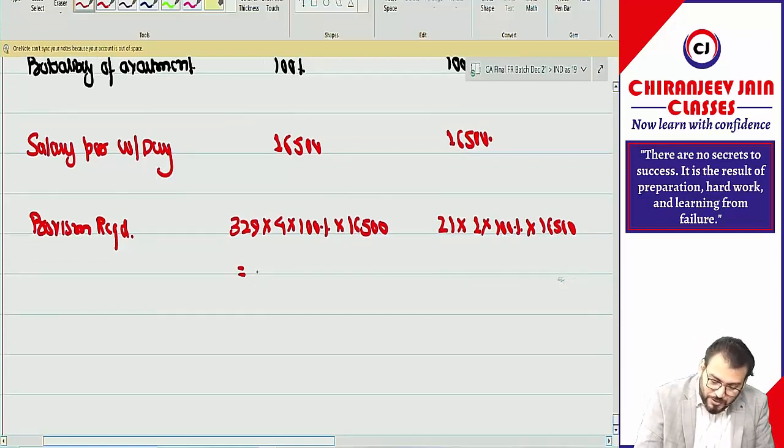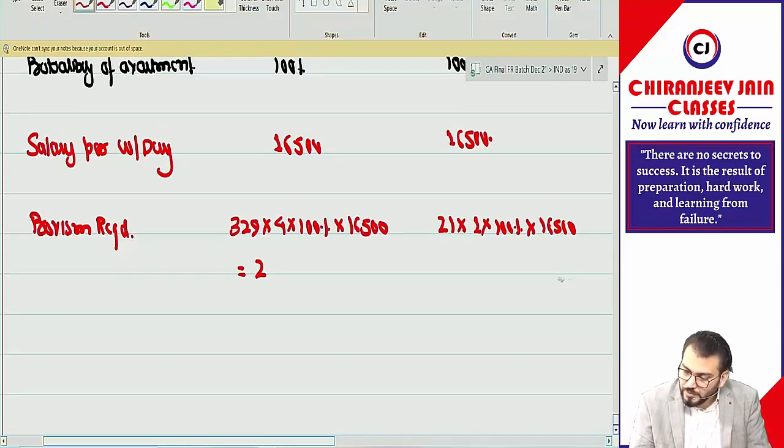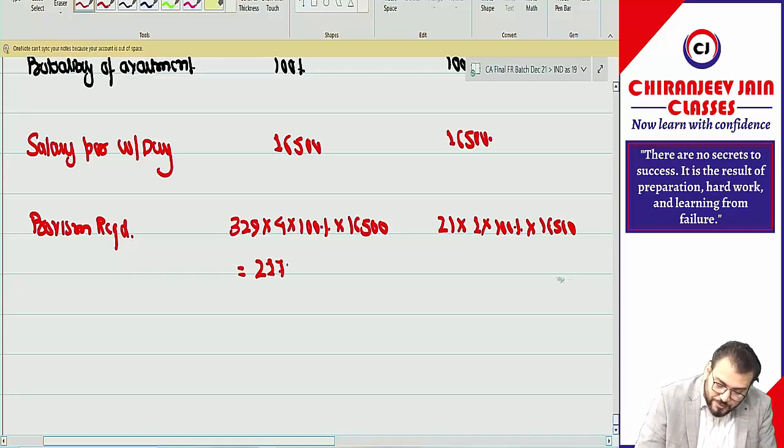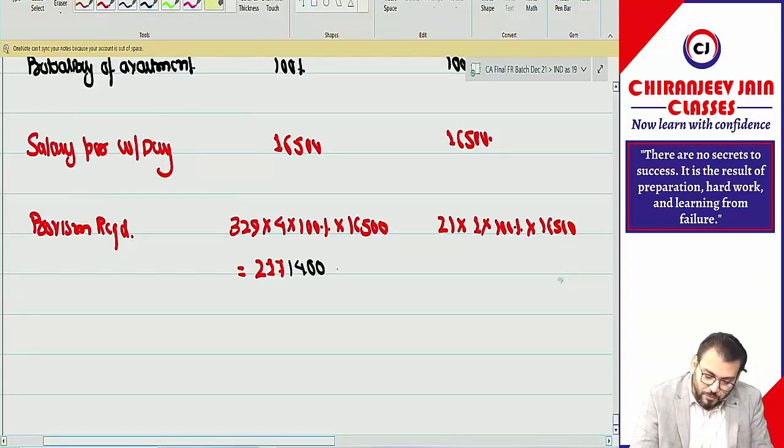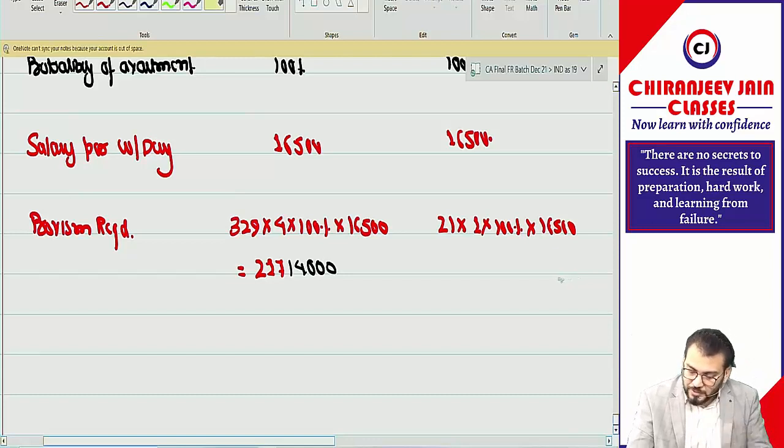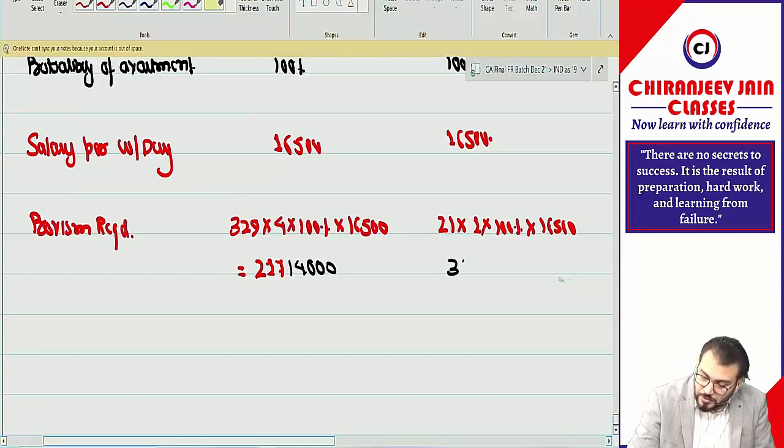This is coming how much? 2 crore 17 lakh 14,000. This will be 3 lakh 46,500.